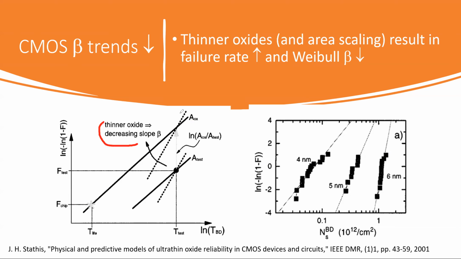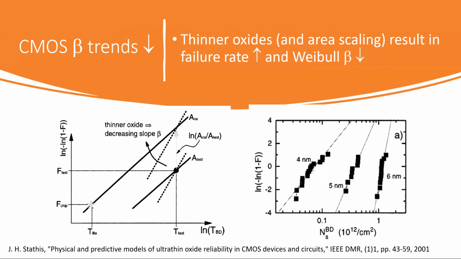The thinner oxide decreases slope beta, and this is your CDF, the cumulative distribution function. That's the probability of failures. And you can see clearly that the CMOS beta trend doesn't look good because we are moving in that direction. Our oxide is getting thinner and thinner.